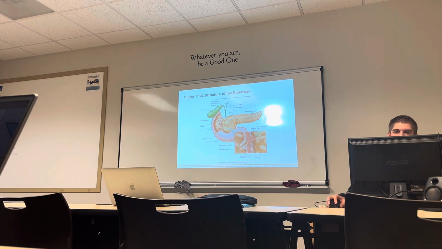And then you've got the gallbladder here, and the gallbladder connects to the bile duct here. We're talking about the pancreas right now. This is the pancreatic duct, which leads down through the hepatopancreatic sphincter into the duodenum.